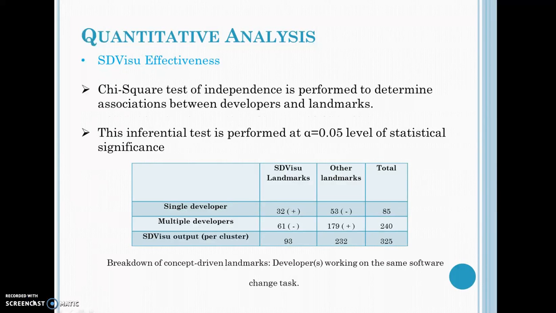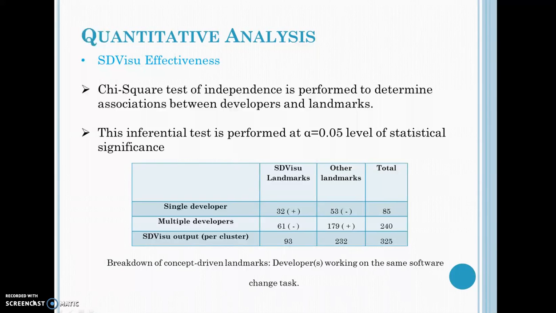This table displays the contingency table of the chi-square tests. The results are statistically significant: the degrees of freedom is 1, chi-square equals 4.6, and the p-value is 0.032. This inferential test is performed at the alpha equals 0.05 level of statistical significance, which indicates significant associations exist.